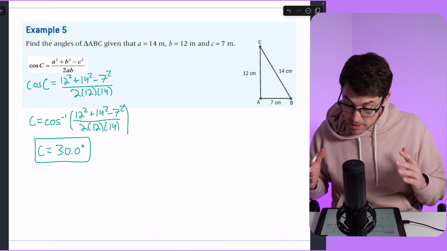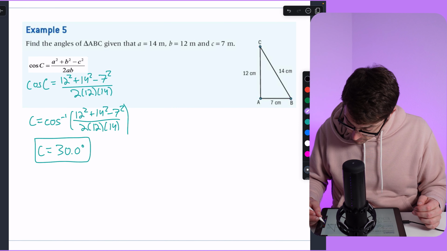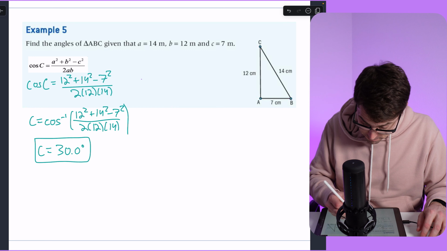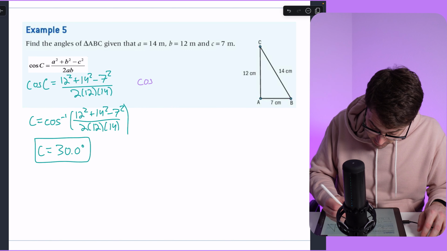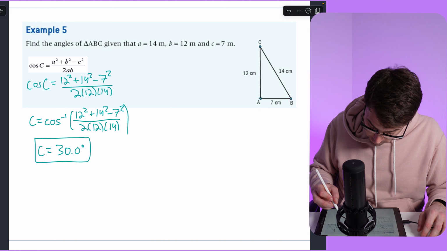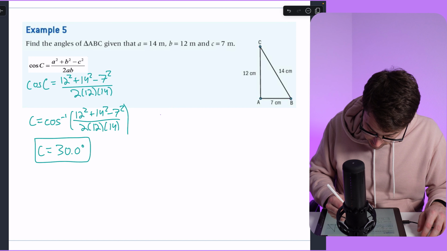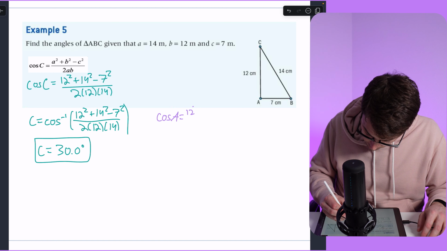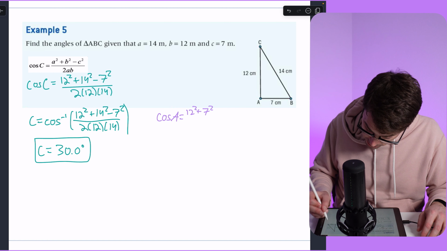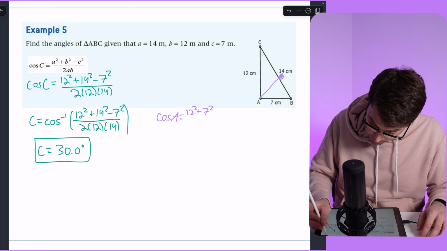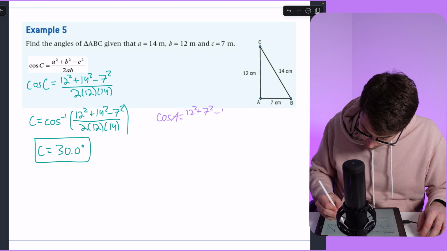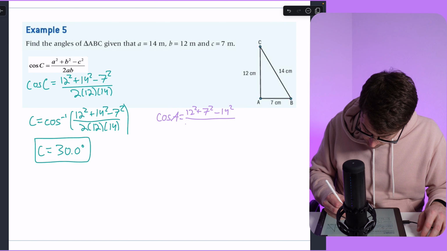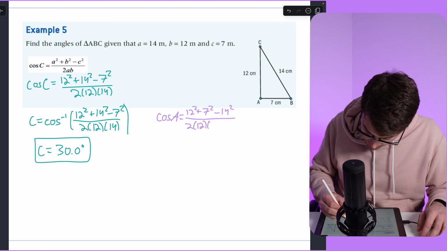So now we can go ahead and repeat the same process for one of the other angles. Let's go ahead and make it A. So let's say that the cosine of A, and let me actually write it further down here so I have more room, is going to be equal to 12 squared plus 7 squared. Remember, just not whatever A is over here, minus what A is, 14 squared, all over 2 times 12 times 7.